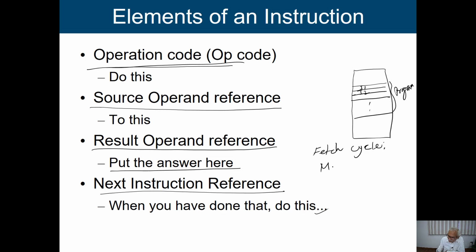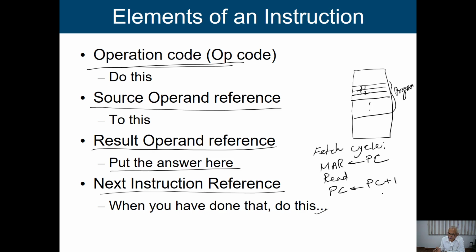The address of the instruction is available in our PC, so we transfer the information from PC to the MAR. Then it gives the read signal to read the information from that memory location. Then we update the value of the program counter, PC plus 1. Why we do it in this order, we will discuss later on.